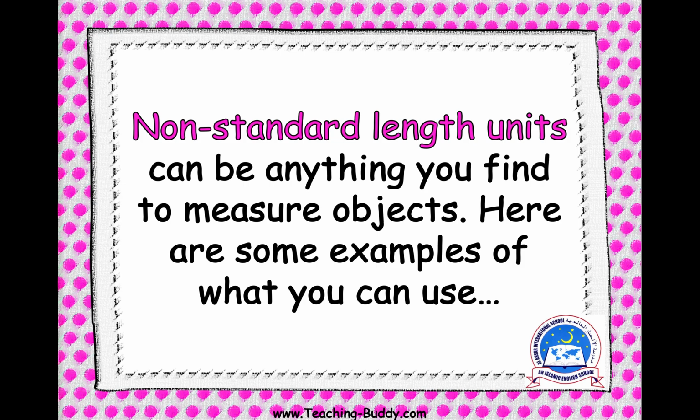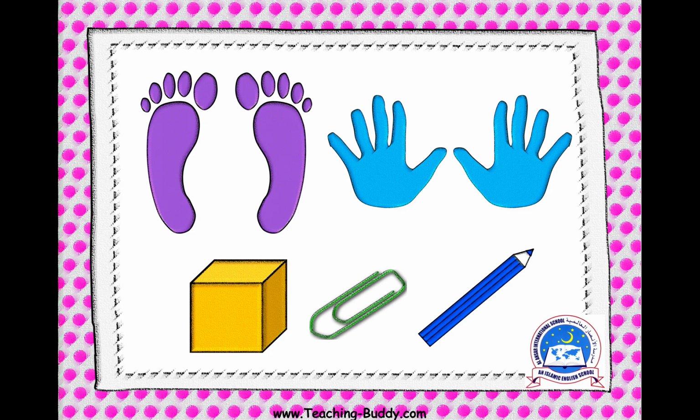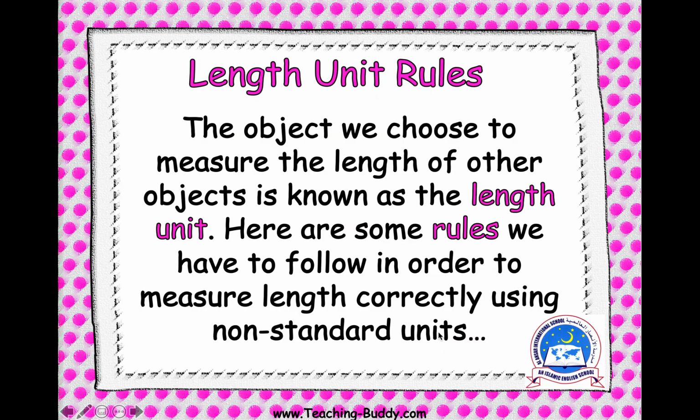So we can measure something using books, we can measure something using our hands, anything that you can find. So here are some examples of non-standard units. We can use our feet, we can use our hands, we can use blocks, we can use paper clips, we can even use pencils.